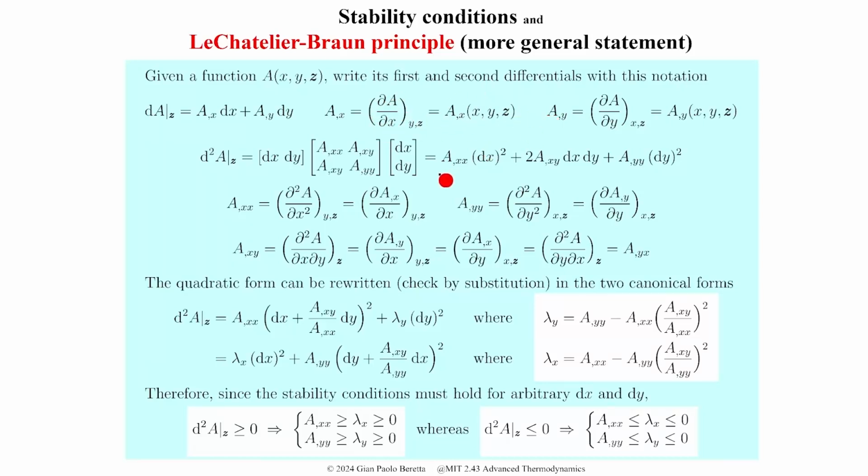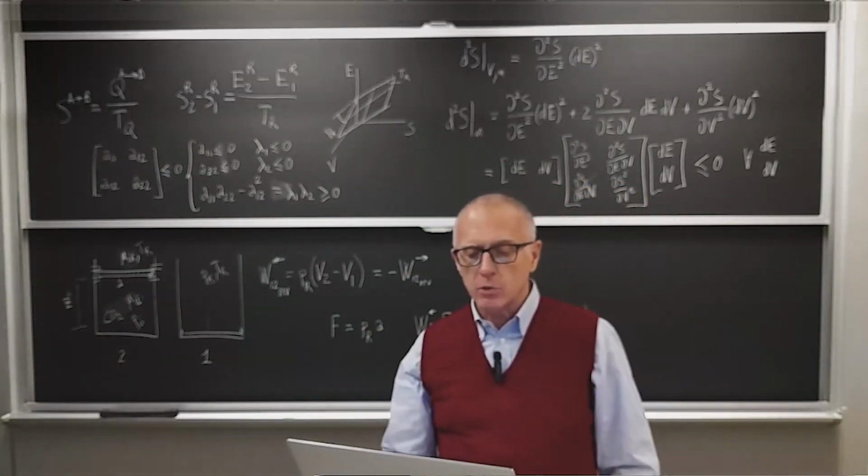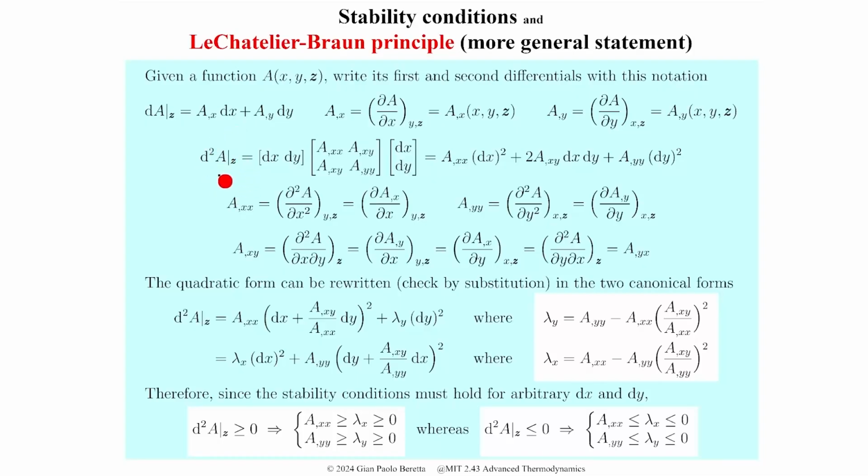Okay, good. Then we have, like we've seen there for d2S, here's d2 of this variable a. You can think of S, but it could be also others, like the Gibbs free energy or the Helmholtz free energy or whatever you need.